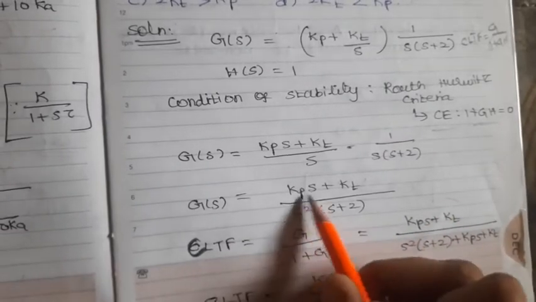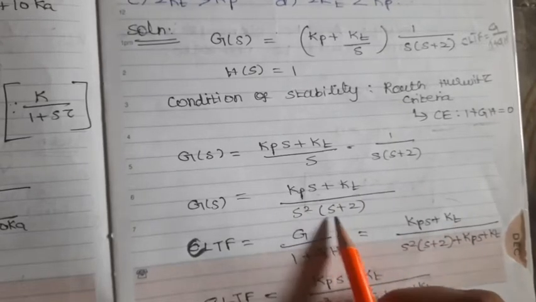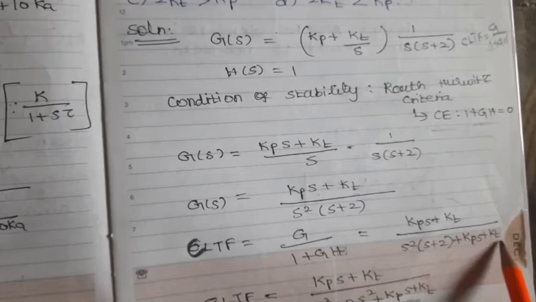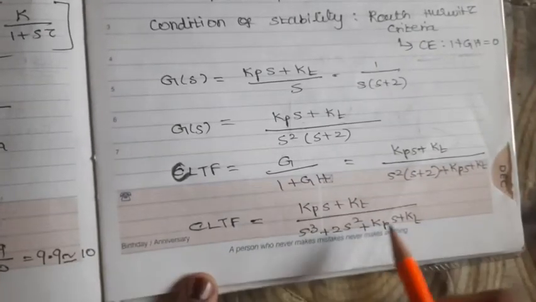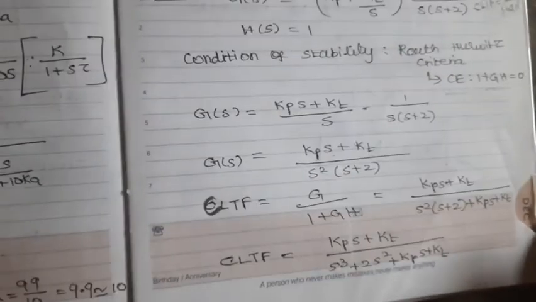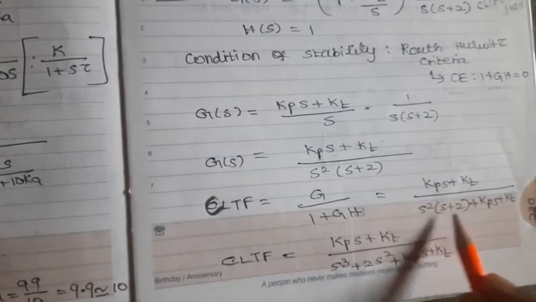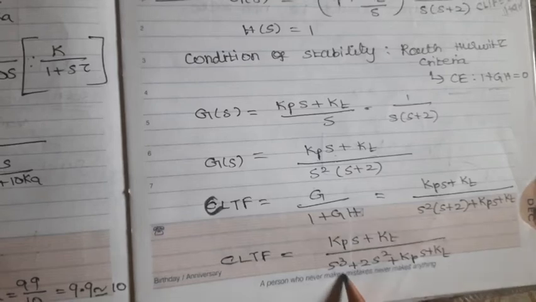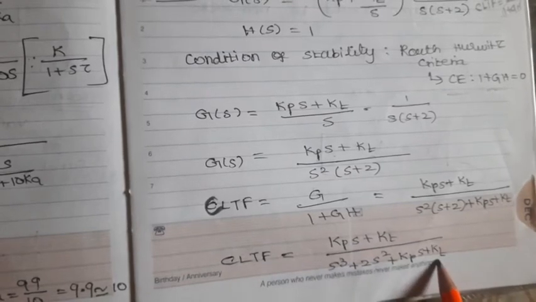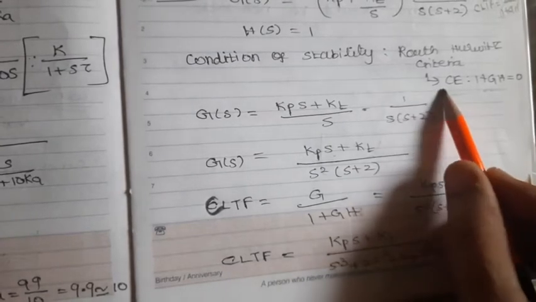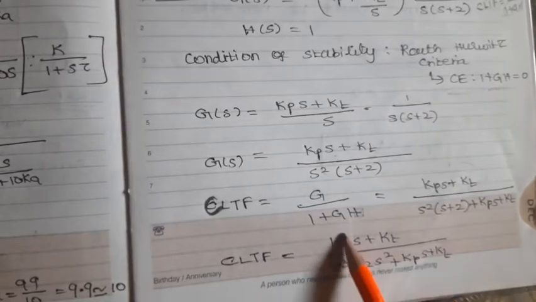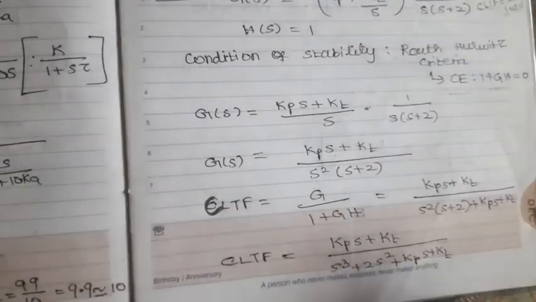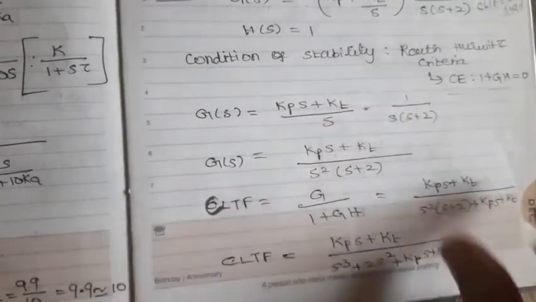So kps plus kt over s squared into s plus 2, plus the numerator term kps plus kt, is nothing but s cube plus 2s squared plus kps plus kt. So s cube, s squared, s term, kt term. What is the characteristic equation? Equating this to 0, then form the Routh array and find the condition of stability.